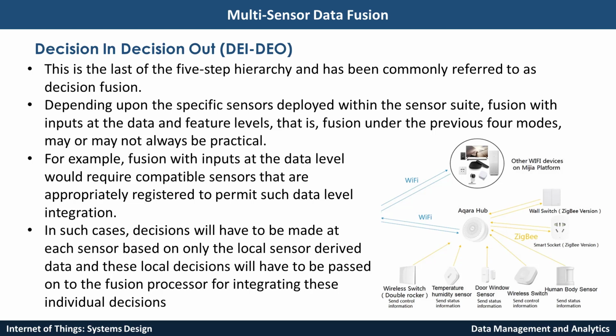So you infer that the human is now in the kitchen. Likewise, each individual sensor or bunch of sensors get together and make a decision. So these decisions are combined together to identify what kind of pattern this person is following on that particular day.